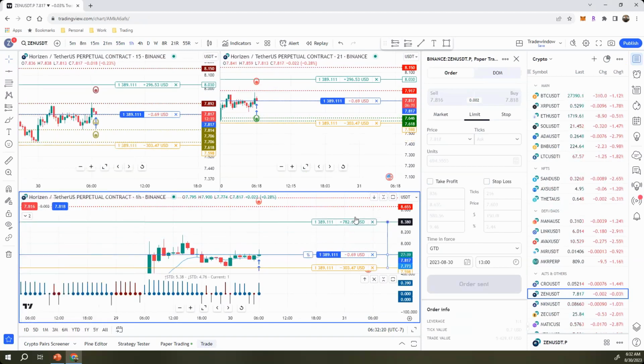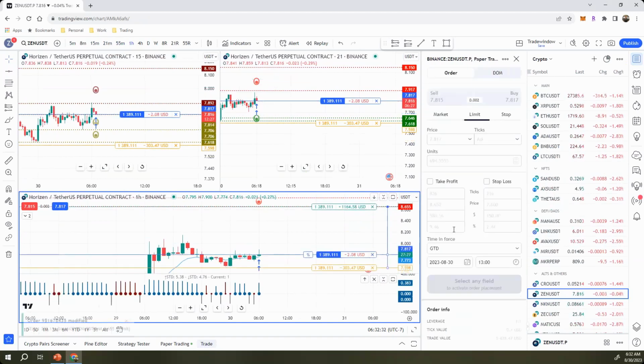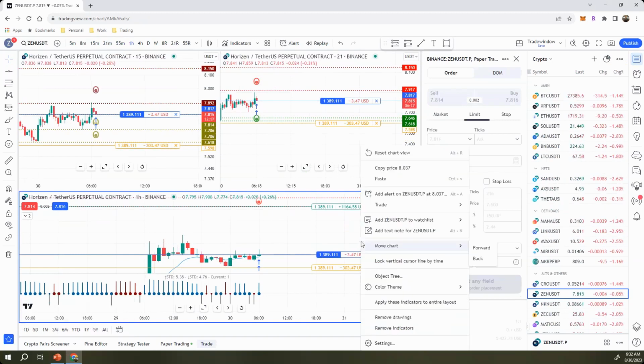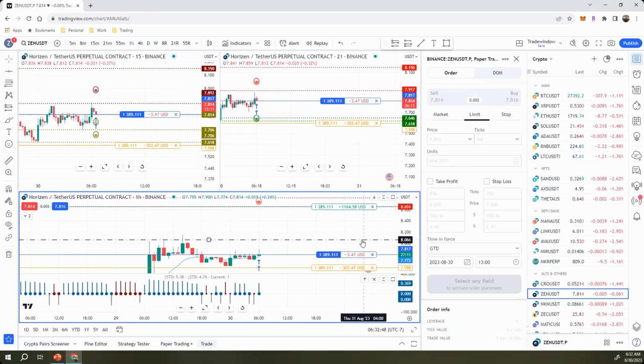So I'm just going to move this to the top side, to 8.655, and modify. What I have to do here is essentially manually take my 8.03, which is why I put that horizontal line here at 8.03.